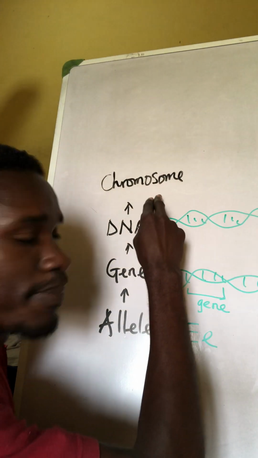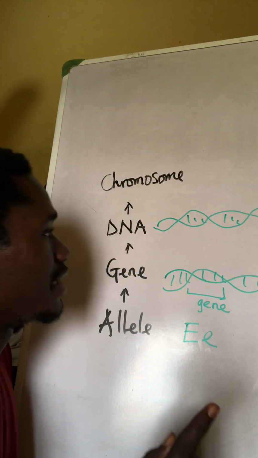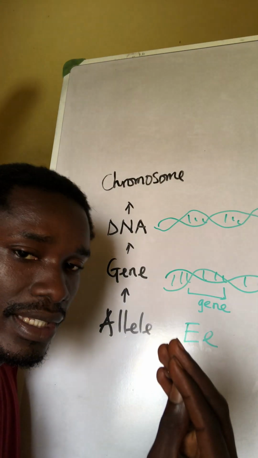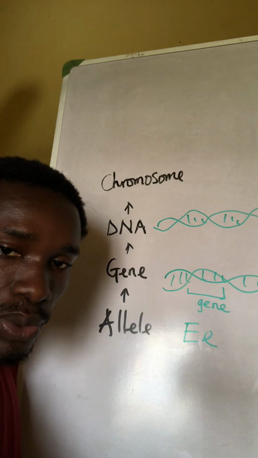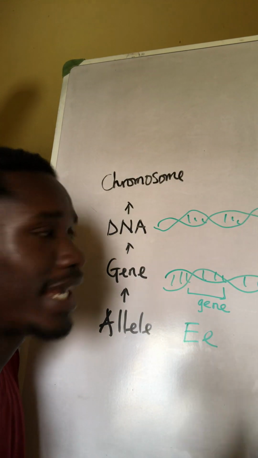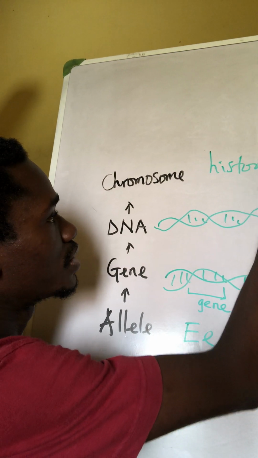Now, why we place chromosome above DNA is because chromosome is a condensed form of DNA. Chromosome is not just the DNA alone. The chromosome is DNA and histone proteins. So we have histone proteins.